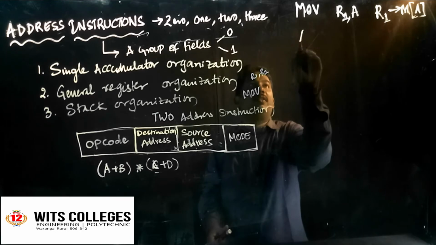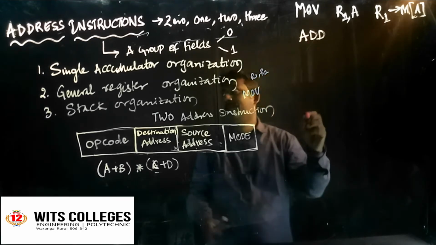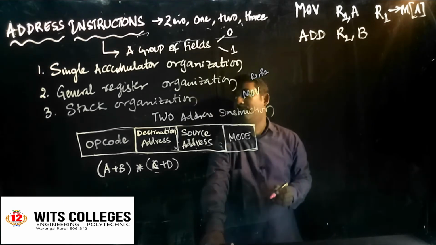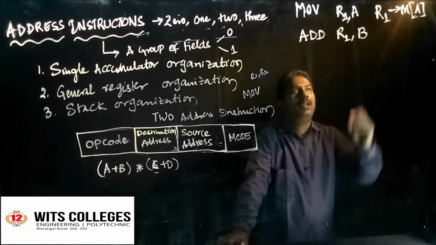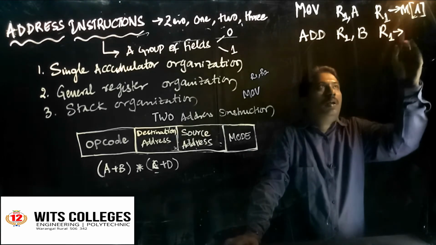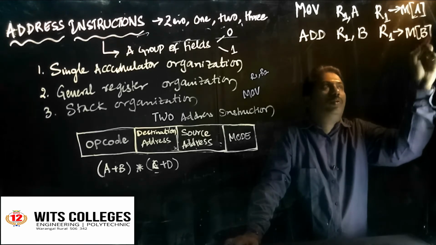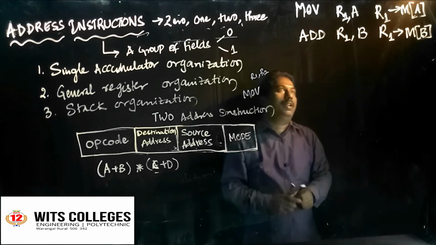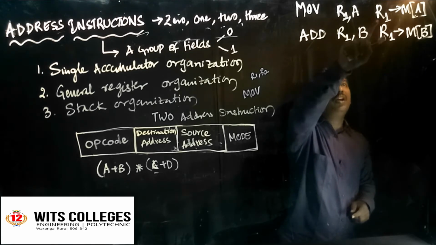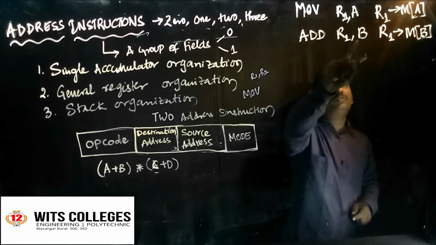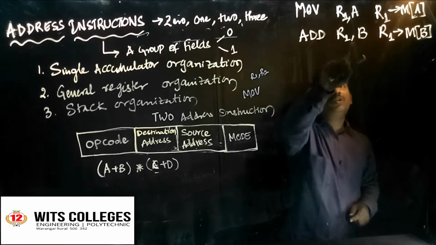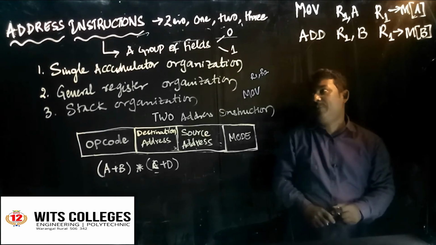Now the second step is ADD R1, comma B. We are going to add R1, comma B, so R1 stands to R1 plus M of B, where we are adding the memory B. So in the first step, MOV R1, A, whatever is in M of A moves to R1. Now we add B to R1 and store it in R1.